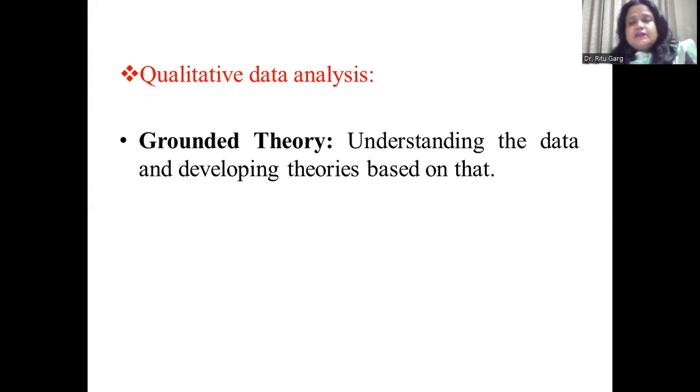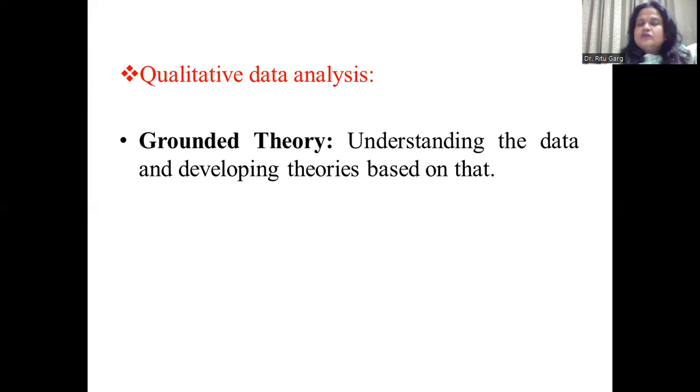After getting the data from any of the methods, it can be in-depth interview, focus group discussion, or participant observation, the next step is how to analyze this qualitative data. There are two most common methods which can be used to analyze this type of qualitative data: grounded theory and content analysis.